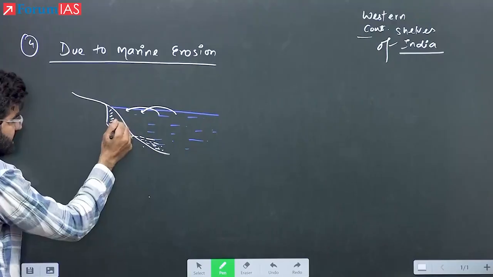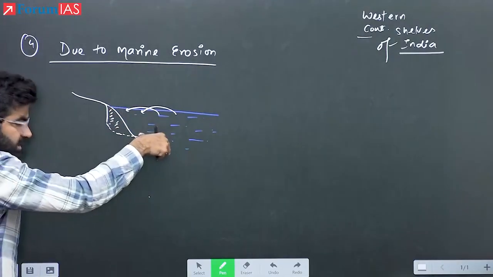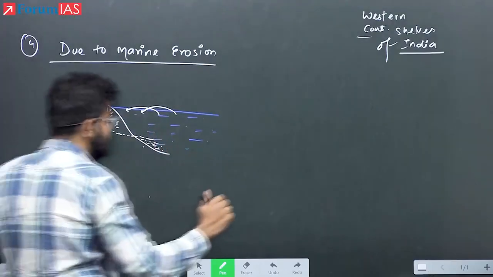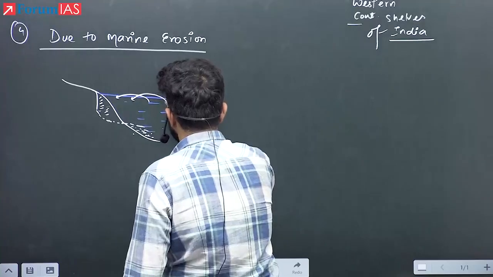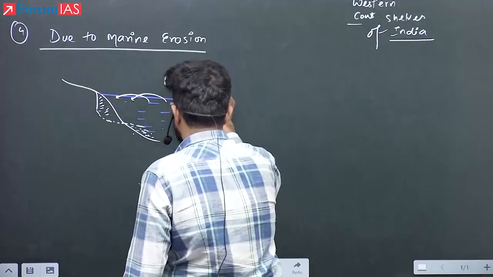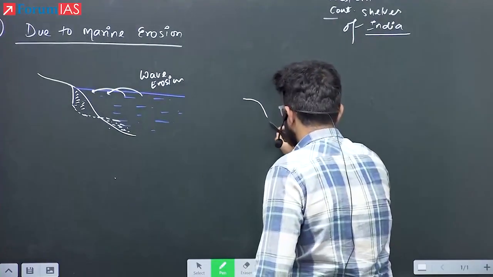So the sediments which are created in the eroded area will be spread in this region. Ultimately you will see this is wave and marine erosion, you can say wave erosion primarily. So ultimately this type of feature may be created.